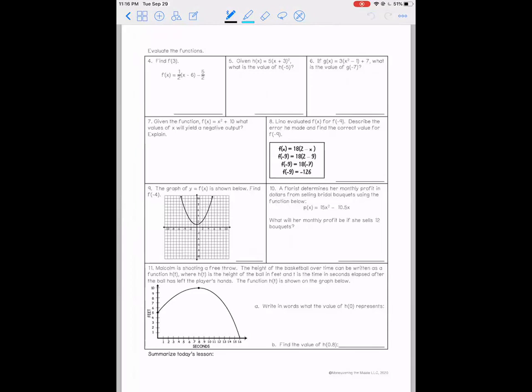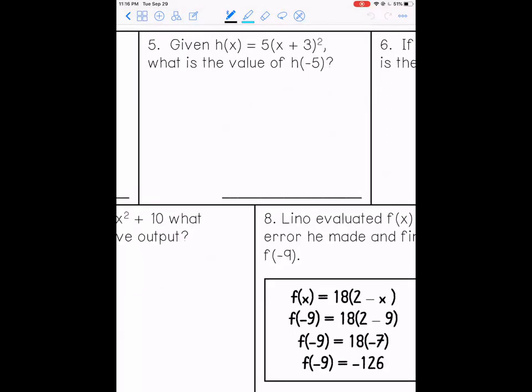Okay. Next, let's do number 5. Given h of x equals 5 times x plus 3 squared, what is the value of h of negative 5? I know that this one sounds scary, but we're going to use our order of operations. We're going to substitute negative 5 everywhere we see x, and then it'll actually come out to be pretty easy.